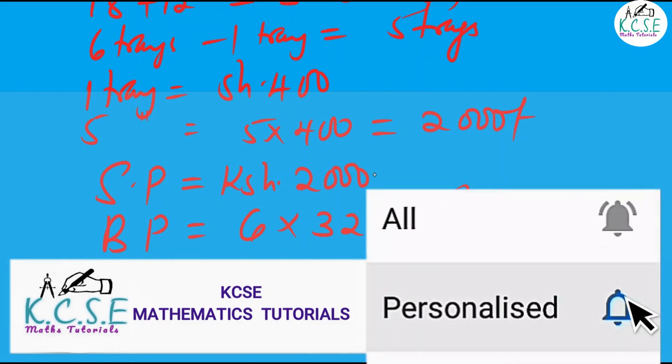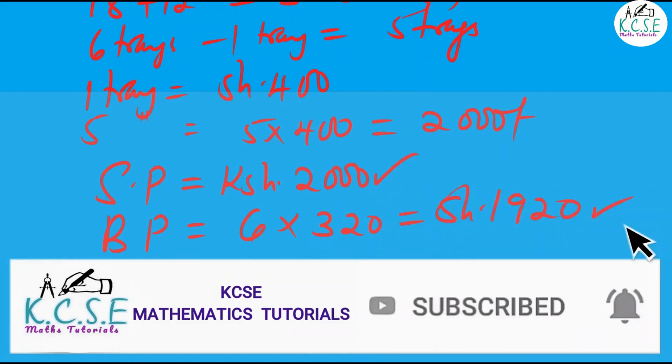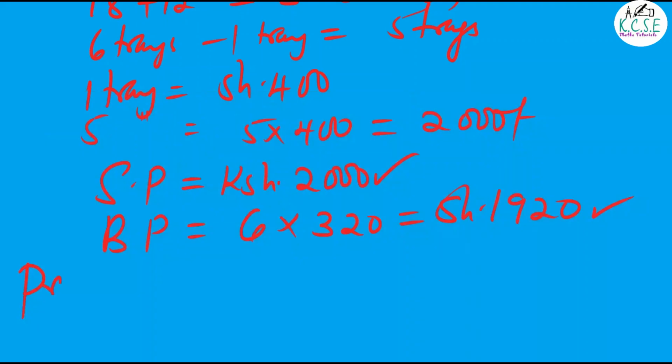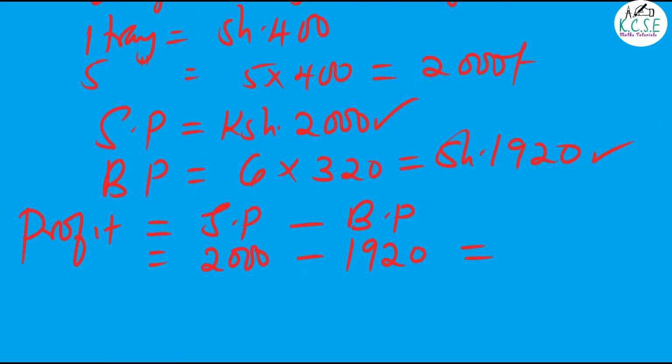Now, having the selling price and the buying price, we can get the profit. Profit is obtained by taking the selling price minus the buying price. In this case, the selling price is 2000, the buying price 1920. So working this out, the profit will be 80 shillings.